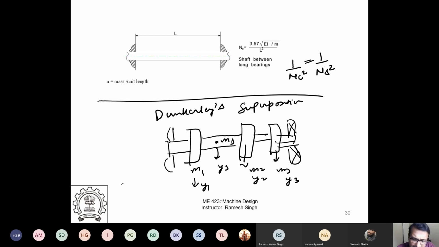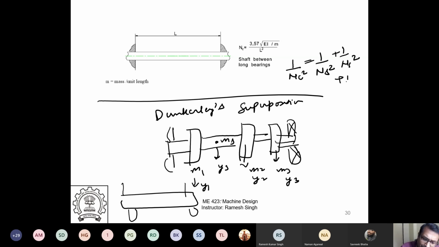So I'll take just the shaft in the bearing and calculate for the shaft, right? 1 over NS square for just the shaft, plus 1 over N1 square for just M1 at the same location, plus 1 over N2 square. So this way, in this case there are 3, so I will do plus 1 over N3 square.